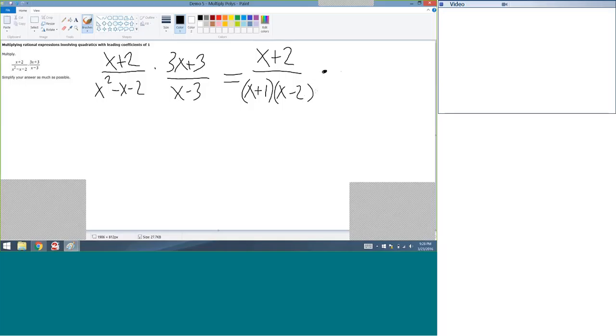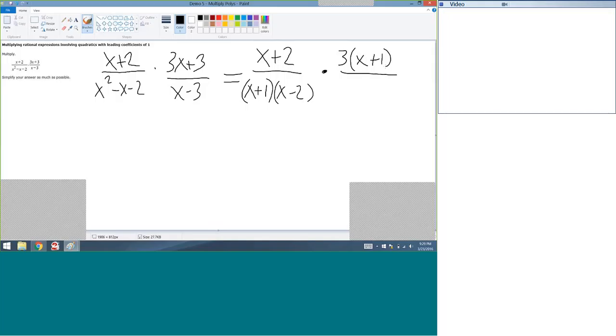Then we're going to look at the other numerator, the 3x plus 3. It doesn't really fall under the category of trinomial or difference of squares or sum of cubes or anything like that, but we do have a GCF, so that is definitely something we'd want to take out if possible. And that would leave us with 3 times x plus 1.